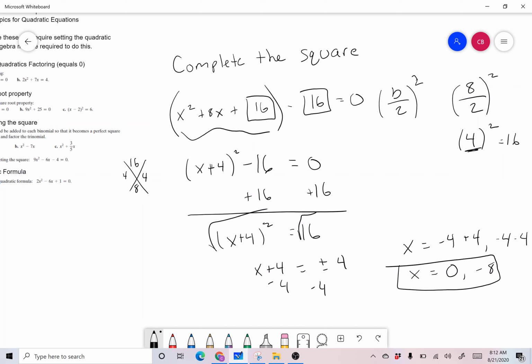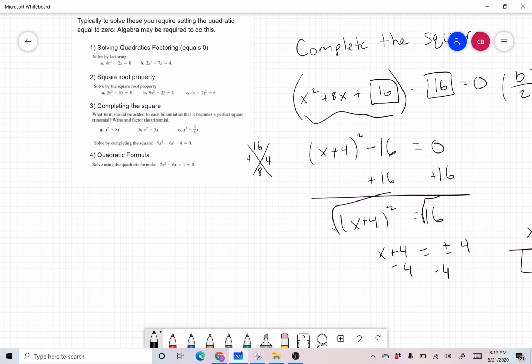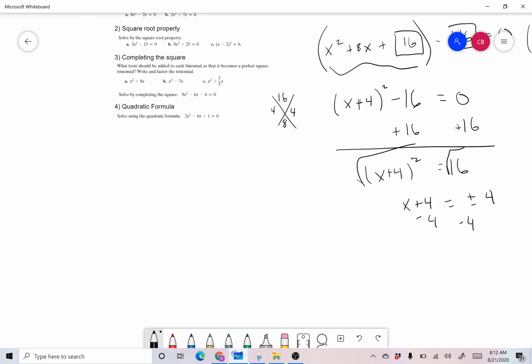Now for the next one, it's going to be a little bit different because it's not going to be as nice. x squared minus 7x. Okay, so we're going to do the same thing, plus something, minus something. We do b over 2, that's negative 7.